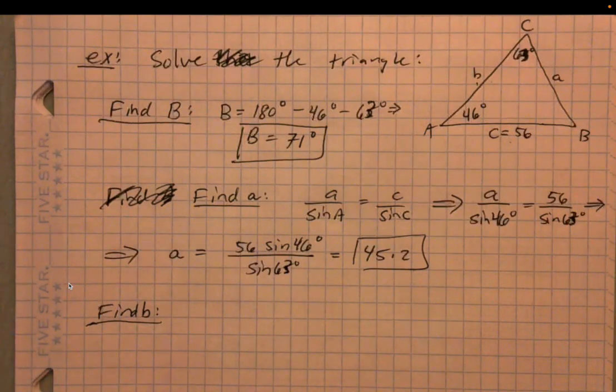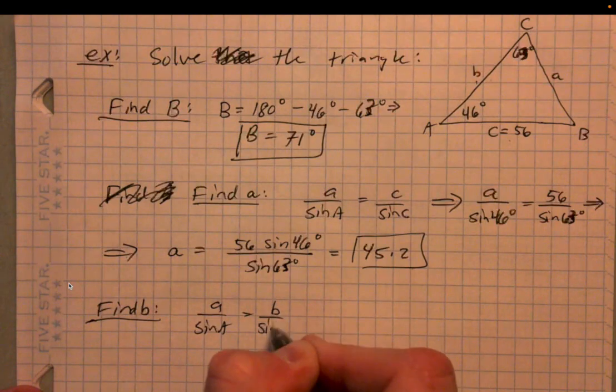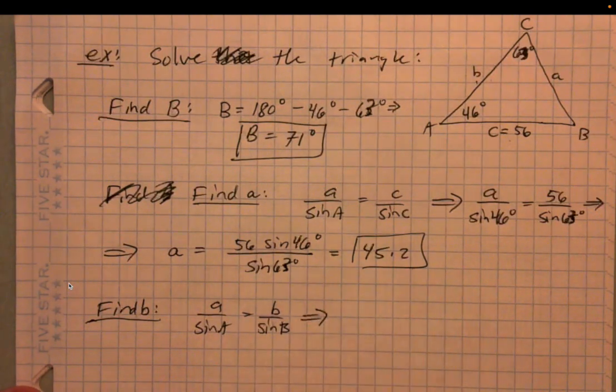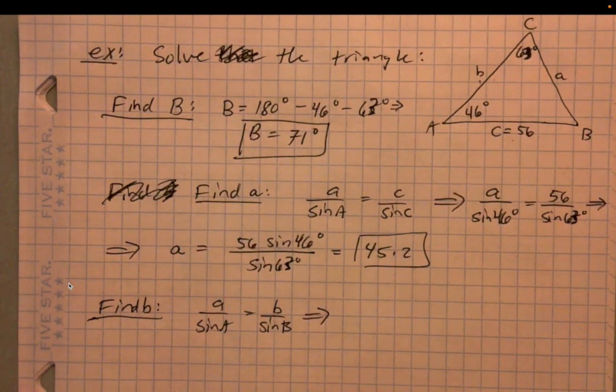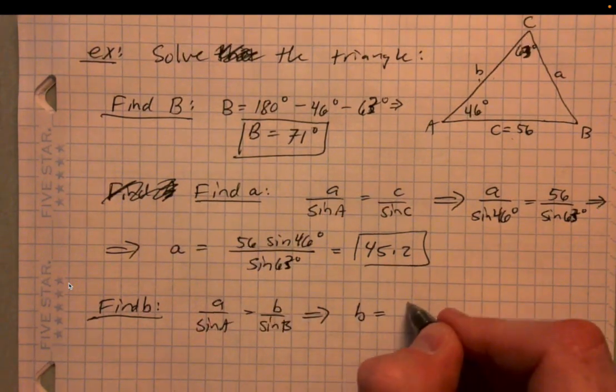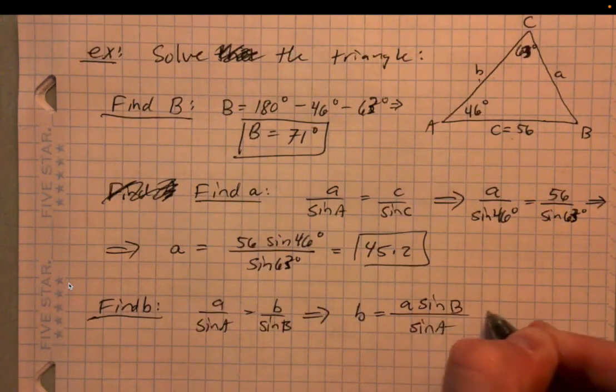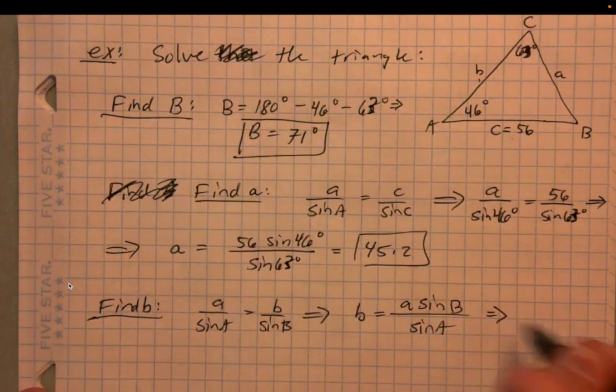So I can use, again, A over sine of A equals B over sine of B. Okay, and so if I need B, then I would say B is equal to A times the sine of B over the sine of A, and I better plug those quantities in.